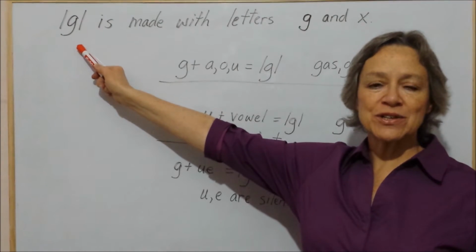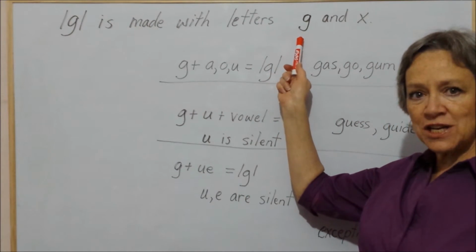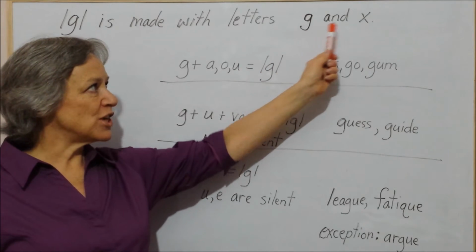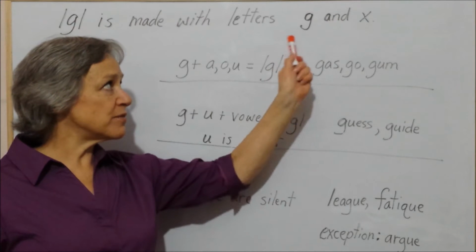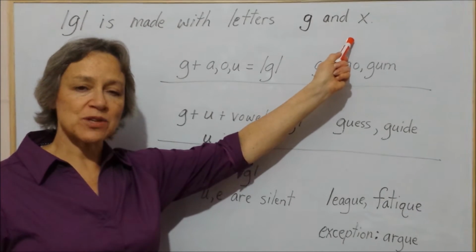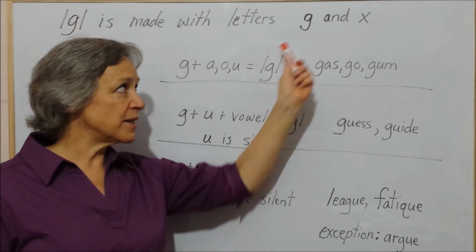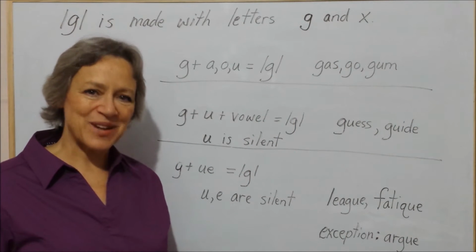So the sound G is made with the letters G and X. So the letters G and X do make the G sound, but both of these letters can make other sounds as well. I will give you several examples of when these letters do make the G sound, okay?